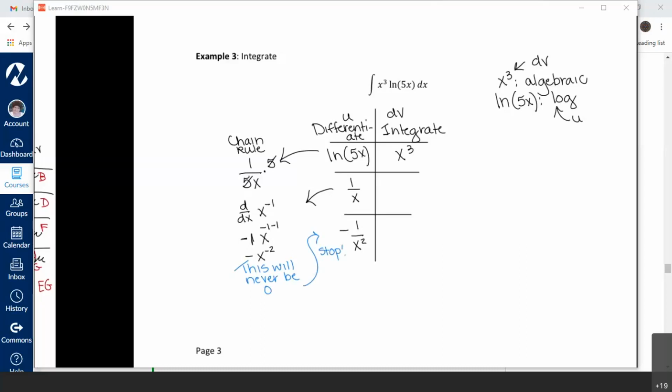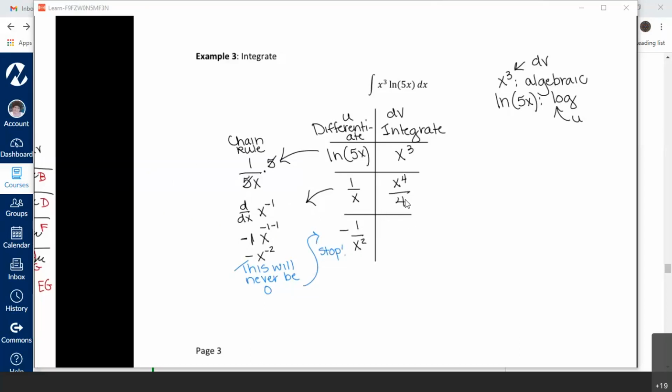Now let's go down our integrate column. Remember, we're integrating, we're not differentiating. So the rule says add 1 to the exponent, put the answer over the new exponent. And we need to integrate this one more time to match up here.